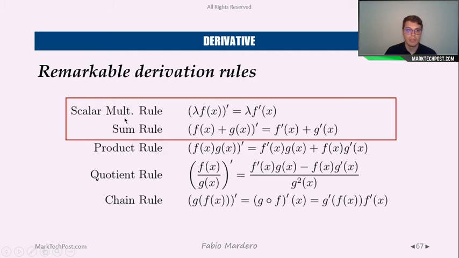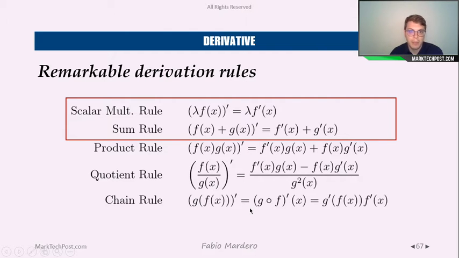For example, the scalar multiplication rule: if we take the derivative of lambda times the function, this results in lambda times the derivative of the function itself. Simple. Again, here we see that the derivative of the sum of two functions is the sum of the derivatives.